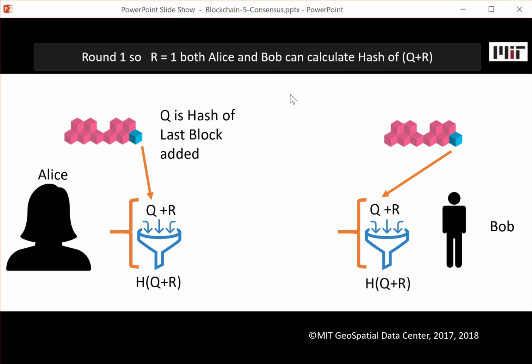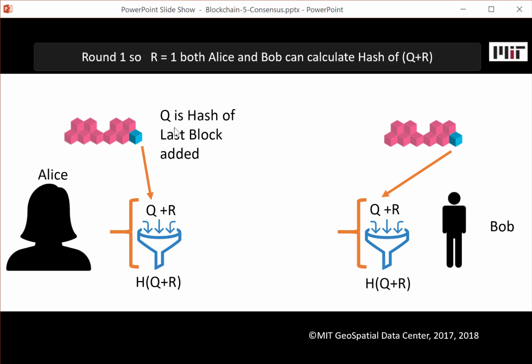Well, what we're going to do is we're going to take some shared secret. This mustn't be a secret that remains constant. We need it to change with every block. So we're going to choose Q, the hash of the last block. Whatever the block was, we're going to take its hash.